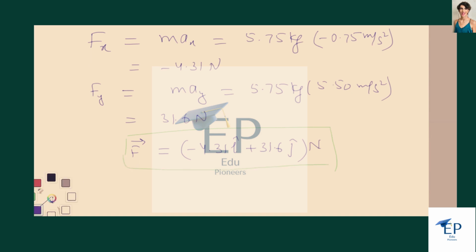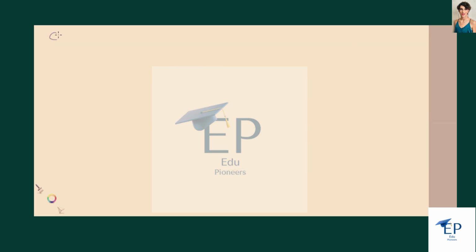Now finally, for the third part of the problem, we have to find the final speed of this particle after 2 seconds. So this time we will use the first equation of motion separately.